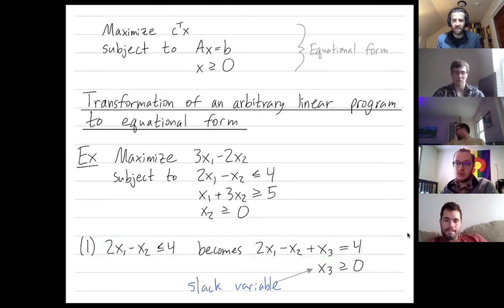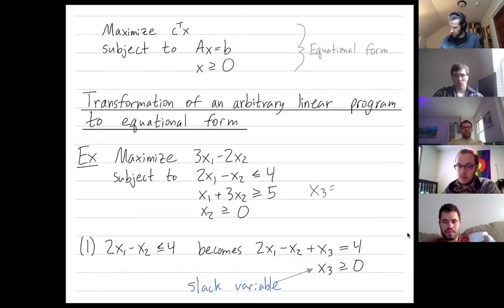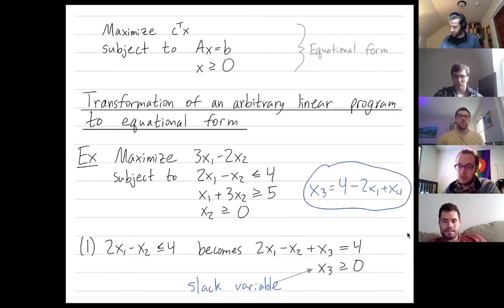Do you see that? x3 is just the leftover. x3 is just 4 minus 2x1 plus x2. And we add in this non-negativity constraint. We always want the slack to be non-negative, because if the slack were negative, then our inequality wouldn't be satisfied.